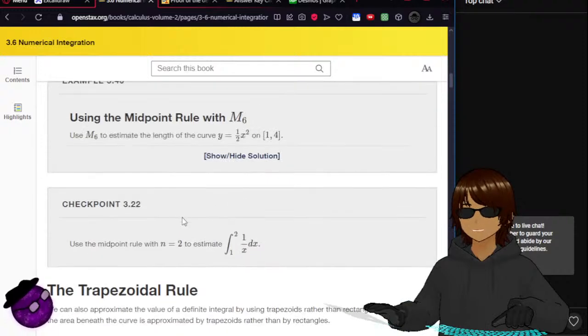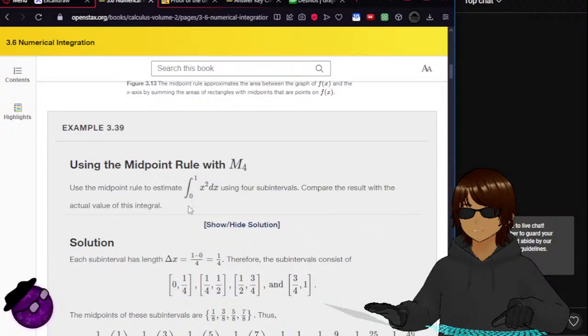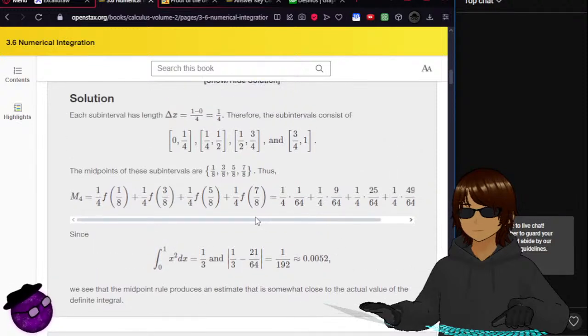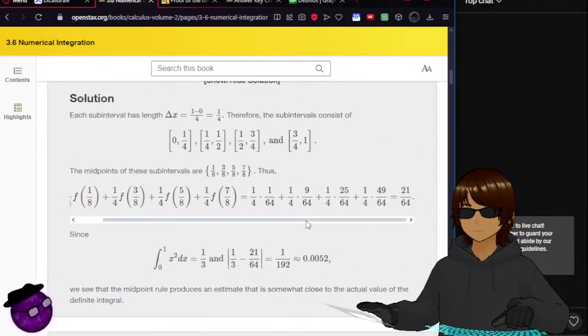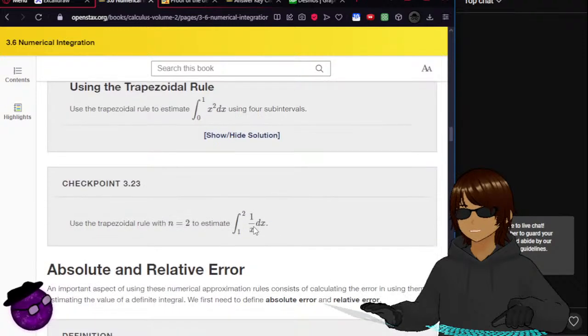So going to example 3.39, the final answer they used was 0. Yeah, they already calculated the error, 0.0052.